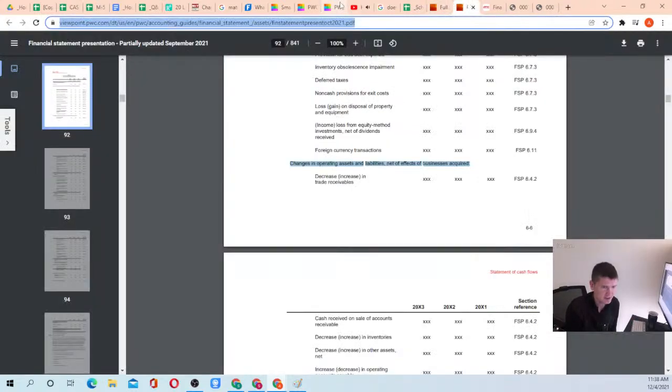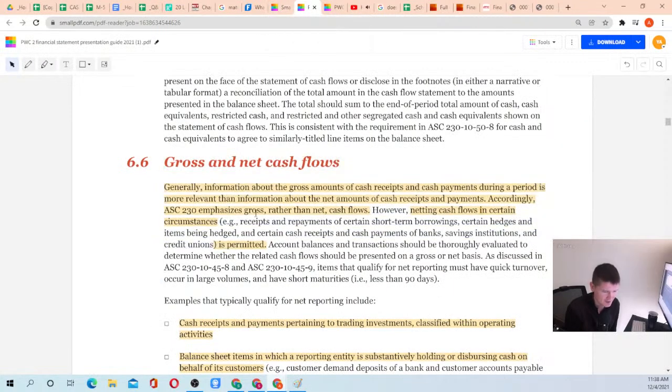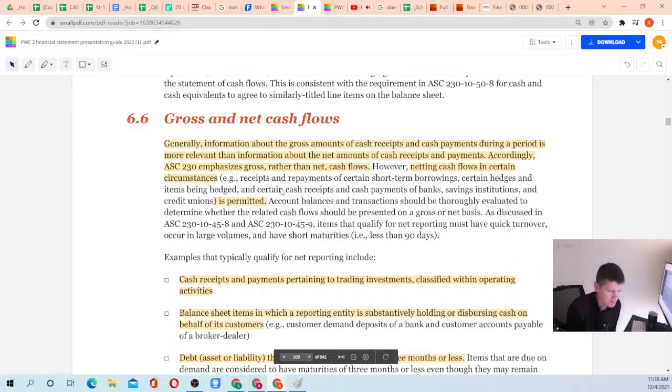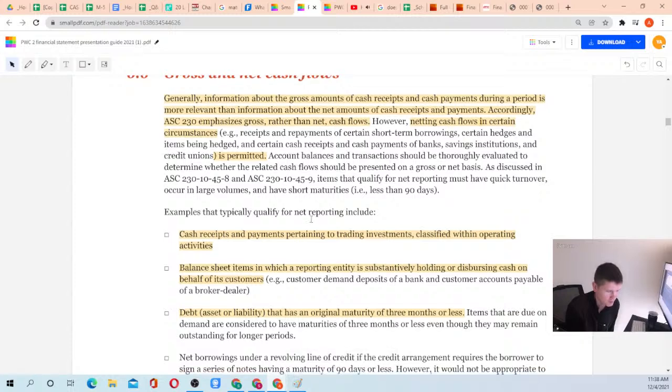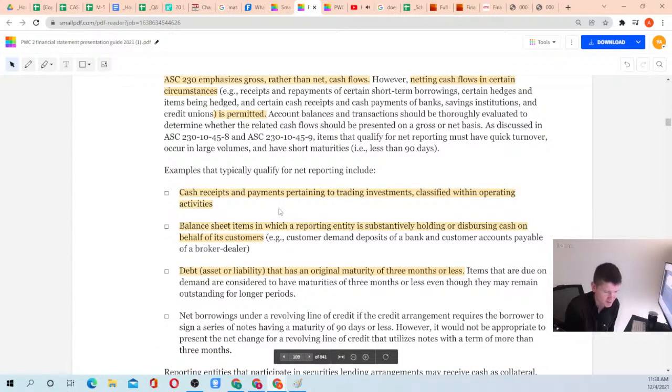Like for example, if you have short-term borrowings for less than 3 months, certain short-term borrowings, certain hedges and items hedged, which you obtain and repay on a frequent basis, you can show those on a net basis. But overall, you report them on the gross basis.